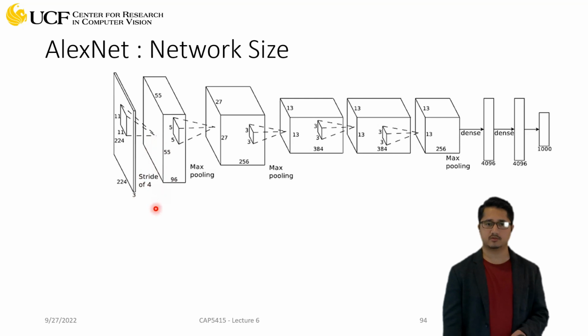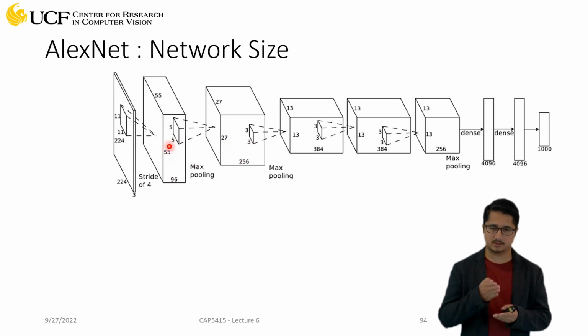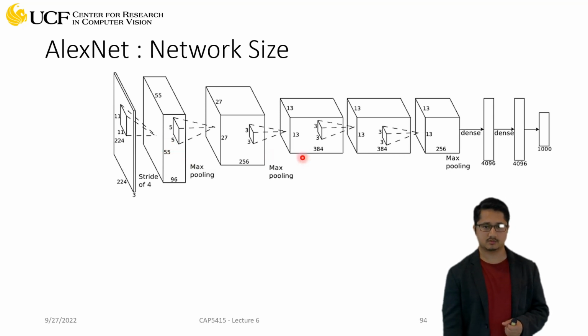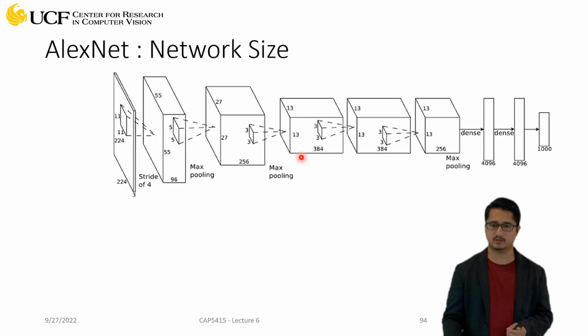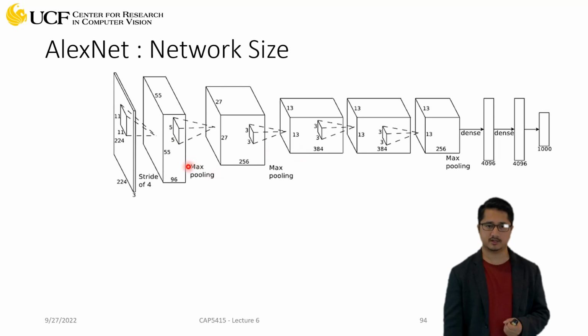So the first layer is the convolution layer, and all these cuboids which are shown are the activation maps, or you can say the intermediate activation maps in the network. The actual layers are not shown here. What is being shown in the architecture is just the volume, or you can say the data points which are flowing in the network.